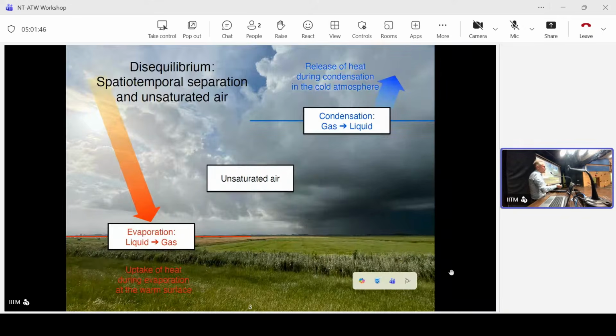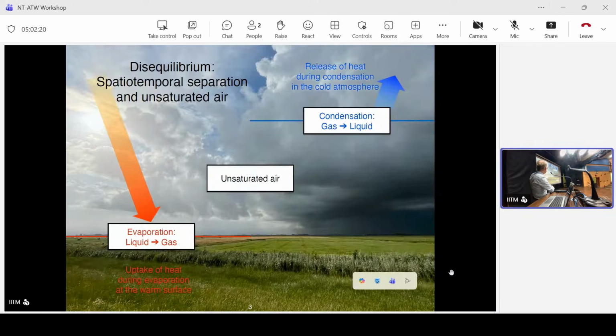And the condensation, once you have motion in the atmosphere, and moisture can condense at one point in the atmosphere. And when it condenses, it again follows Le Chatelier's principle, because when it condenses, it releases heat. It wants to undo that change again. And as we said, when you release heat, then air becomes buoyant and drives a moist heat engine. So in other words, you can generate motion from it, that I will talk about a bit later.